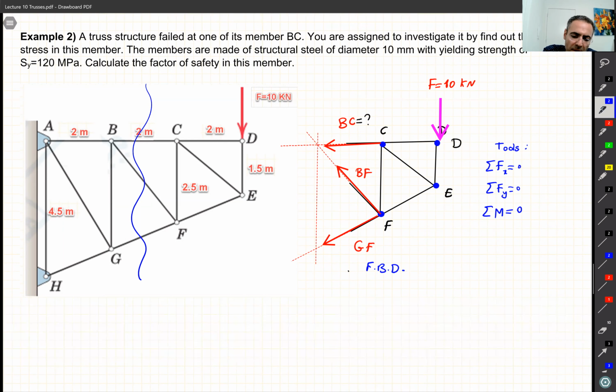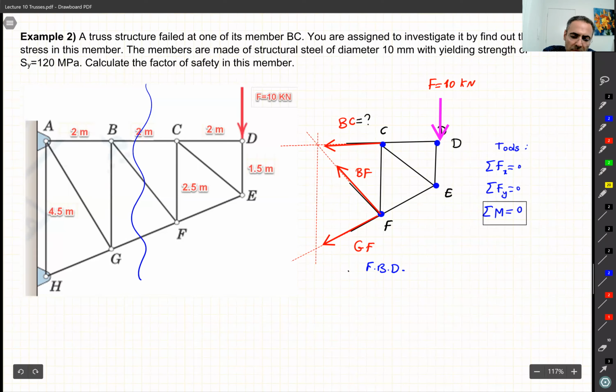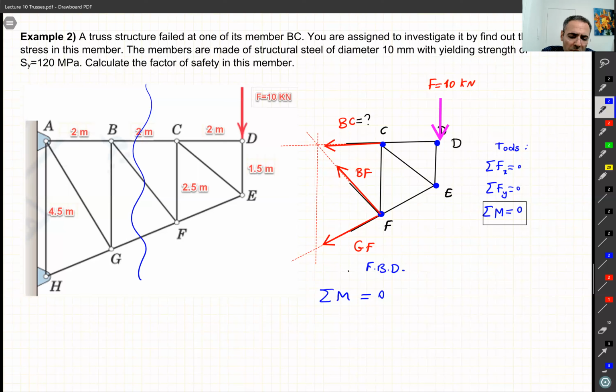Here maybe I prefer to use the moment. Let's try and see if it can help us. I take the moment about any point that I want, which, if I look closely, I prefer to take moment about point F. And you can see why, because if I take the moment about point F, I'm getting rid of this GF and BF that I'm not interested in. So I'm only left with BC multiplied by its distance, which is 2.5 meters.